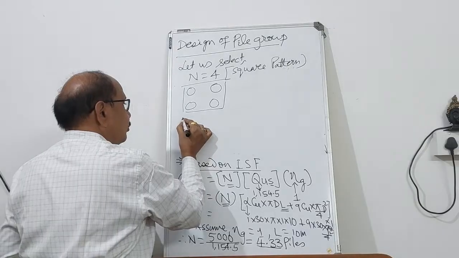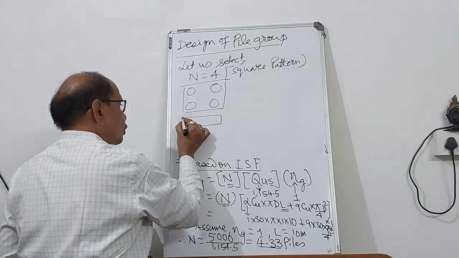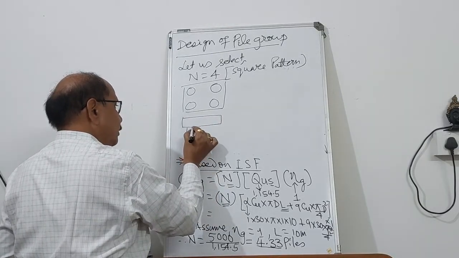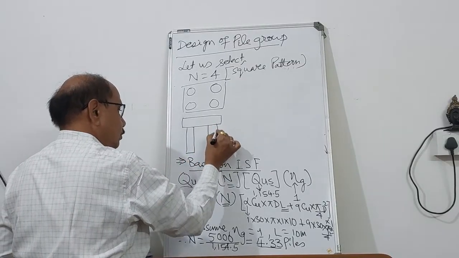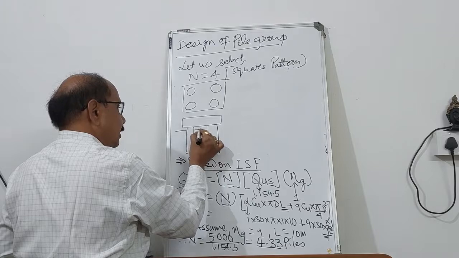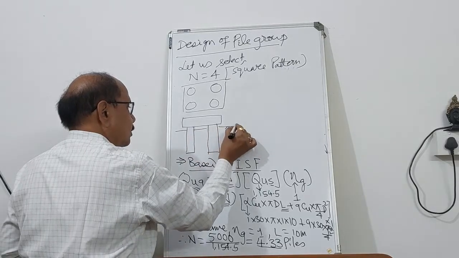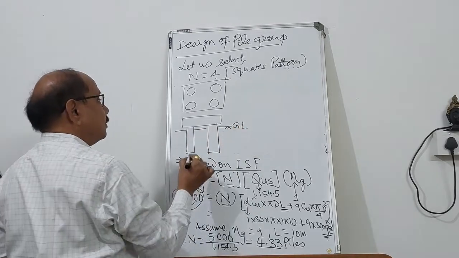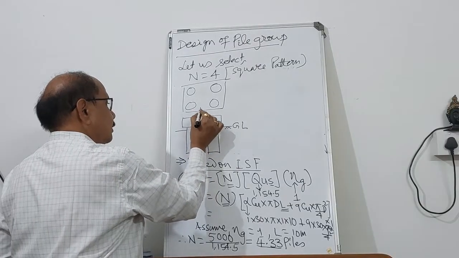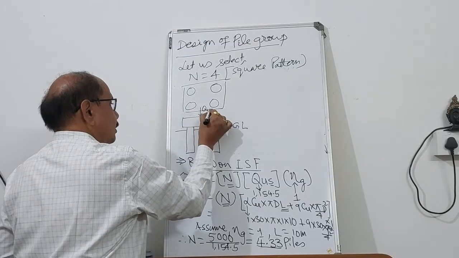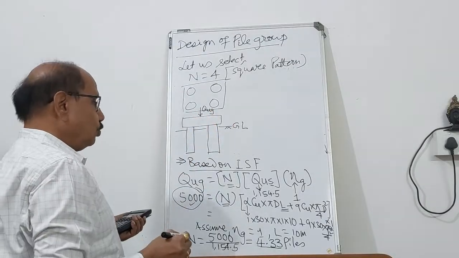So the sectional view is going to be like this. This is the ground. And this is QUG.